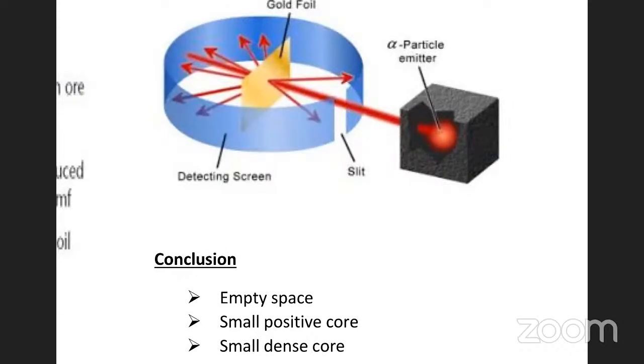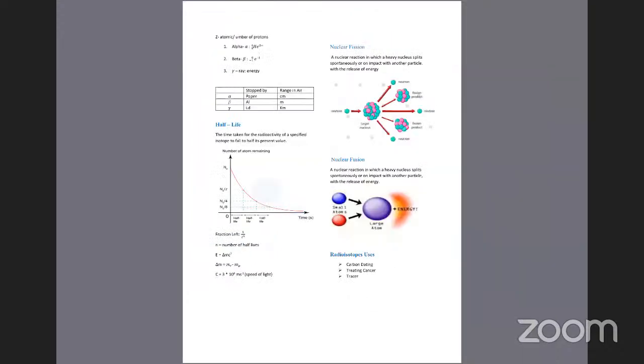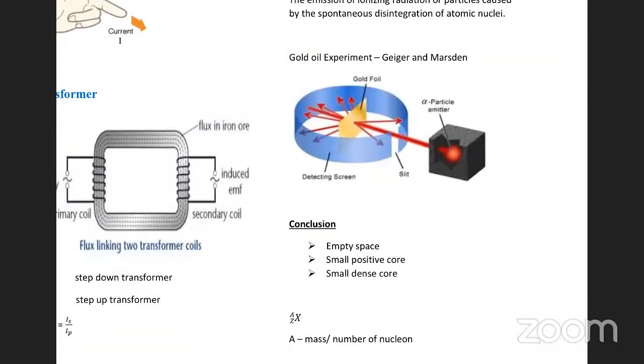From there, they came up with the model of the atom that we know. I didn't draw it here, sorry. I'll fix that in the new crash course. We know that the atom has a small dense core called the what? Michelle, what is it called?